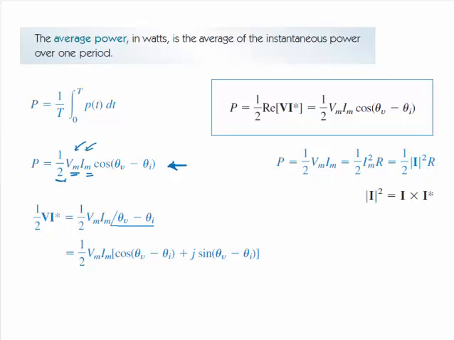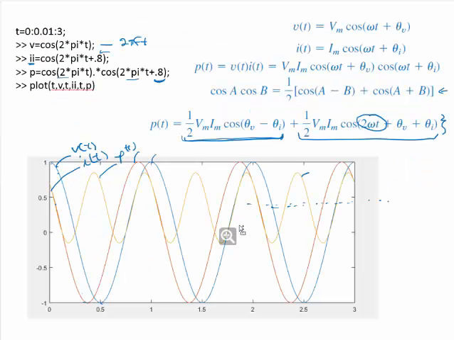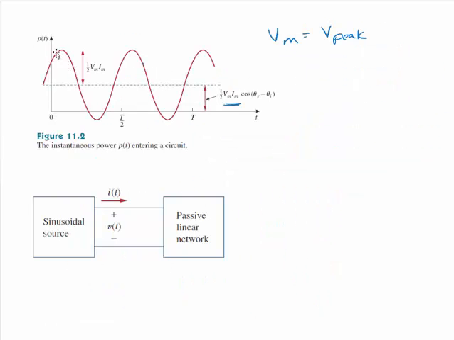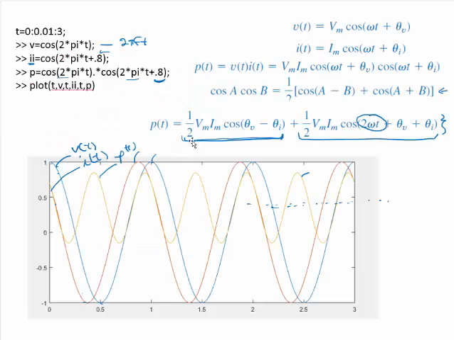And this factor of 1/2 comes from using the trig identity here, cosine A times cosine B, you end up with a 1/2. That's actually where the 1/2 comes into play. That's why the 1/2 is there. It's not because of the amplitude. It's not related to the amplitude. It's related to what happens trigonometrically. This one factor of 1/2 will come into play.